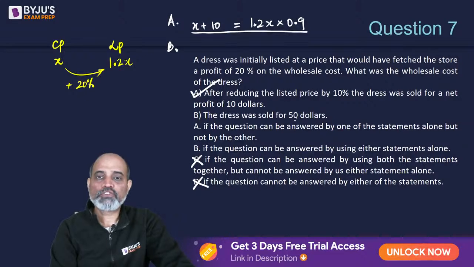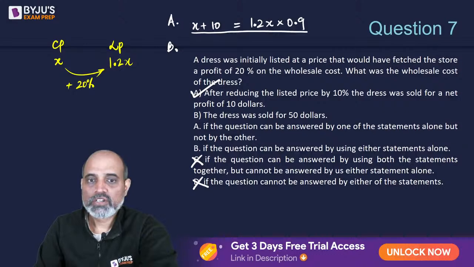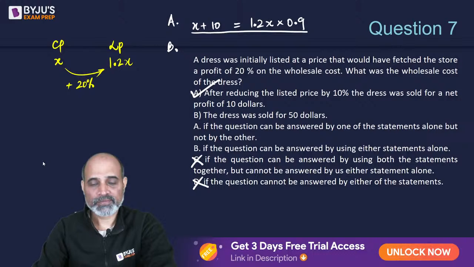The dress was sold for $50. Now when it says the dress was sold for $50, we don't know how much of discount was given here, isn't it?